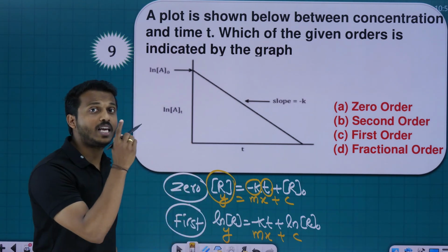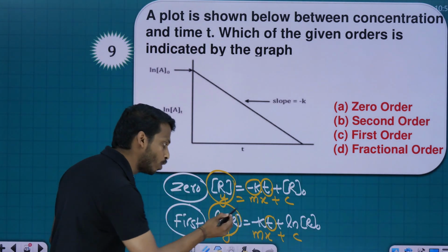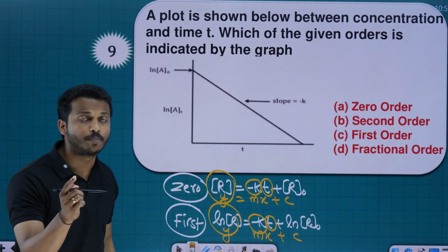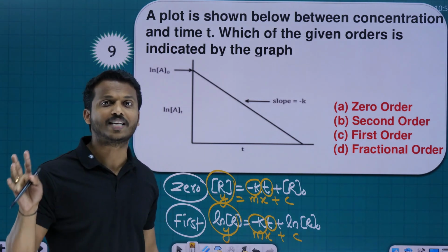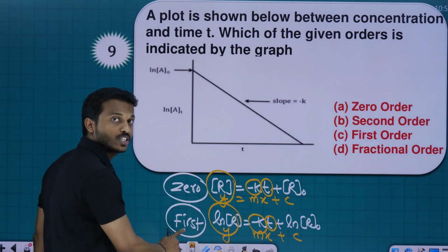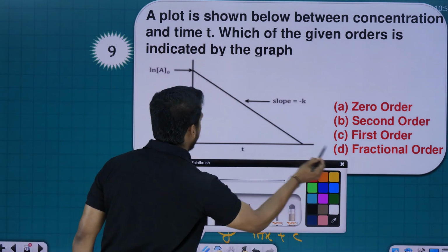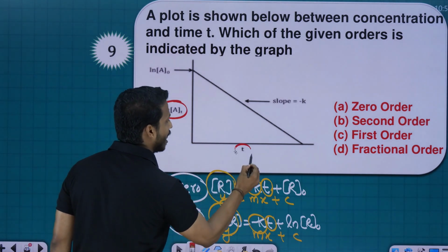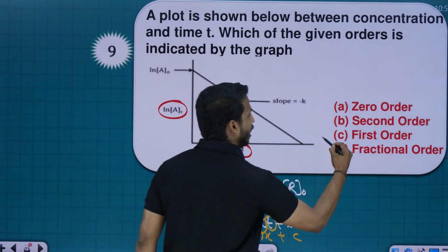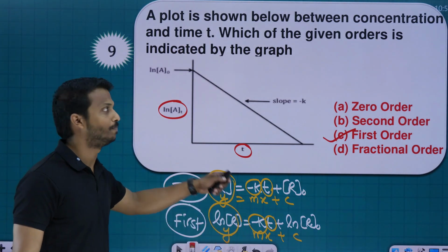If ln R versus time is used, there also the slope is minus k. Remember, in both graphs the slope is the same, minus k. If a log term is there, it is first order. Log term not there, it is zero order. Here you see, log versus time means it is a first order graph. Careful, and slope is minus k.